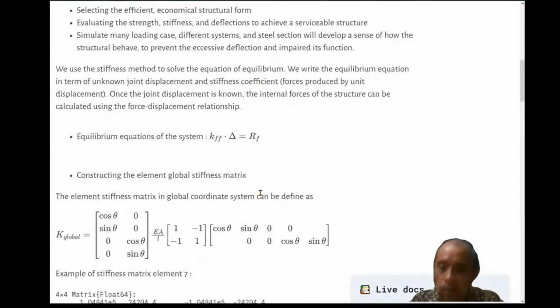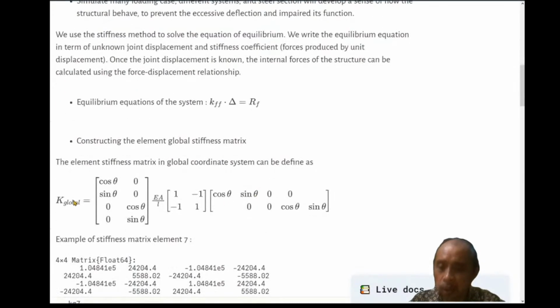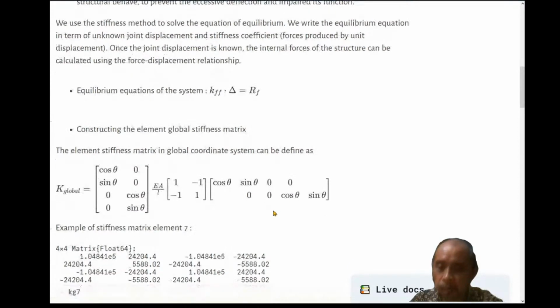So first of all, we must construct the element global stiffness matrix. We can get it using the element local stiffness matrix multiplied by the transformation matrix transpose and multiplied by the transformation matrix.